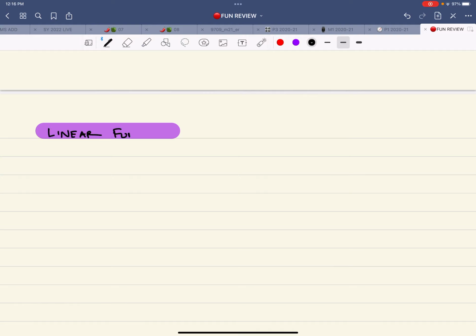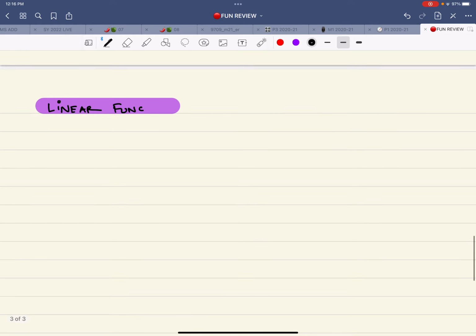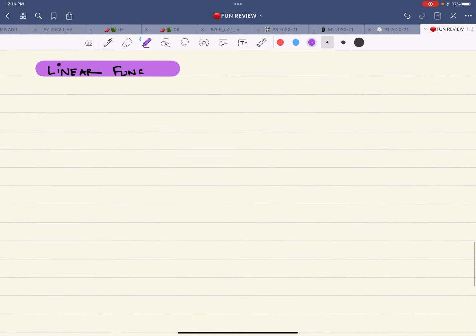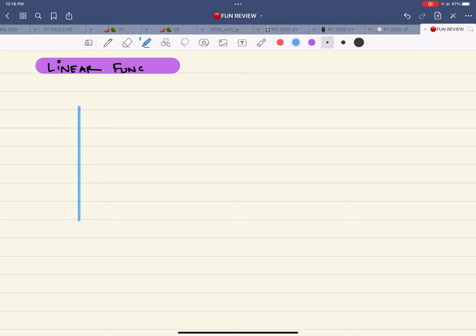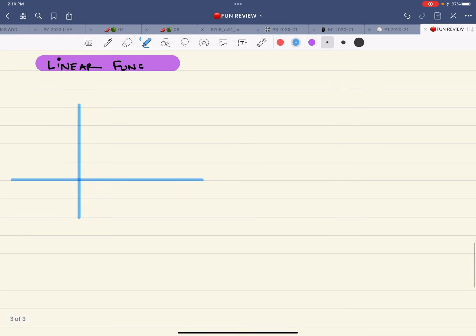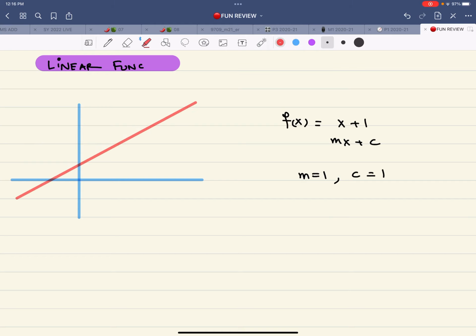For example, if I have a simple graph and the graph is something like f(x) equals x plus 1, and we know that it's a straight line, compare it with y equals mx plus c. Gradient is 1, y-intercept is 1. Positive slope, y-intercept 1. So therefore, the graph would be something like this.